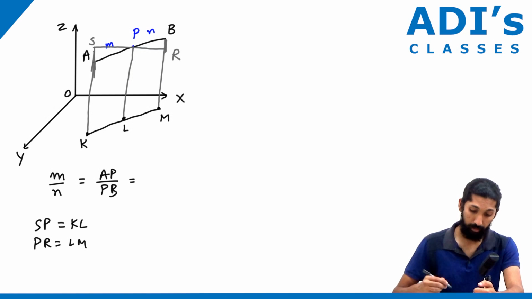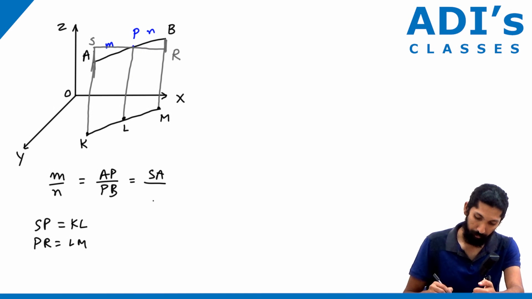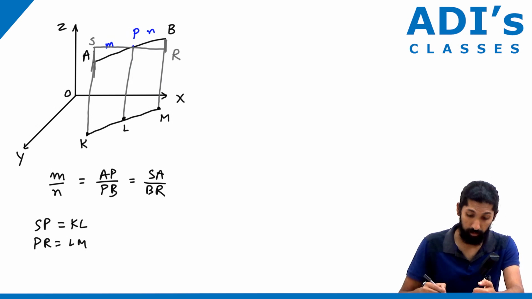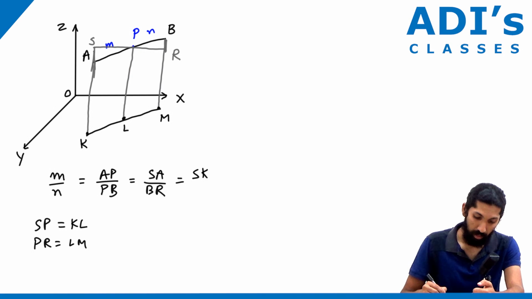So here we can write AP by PB is equal to SA divided by BR. Now SA by BR can be written as SK minus AK divided by BM minus RM.